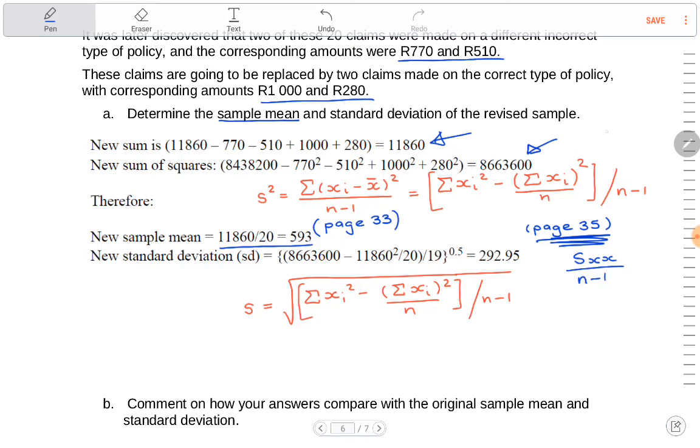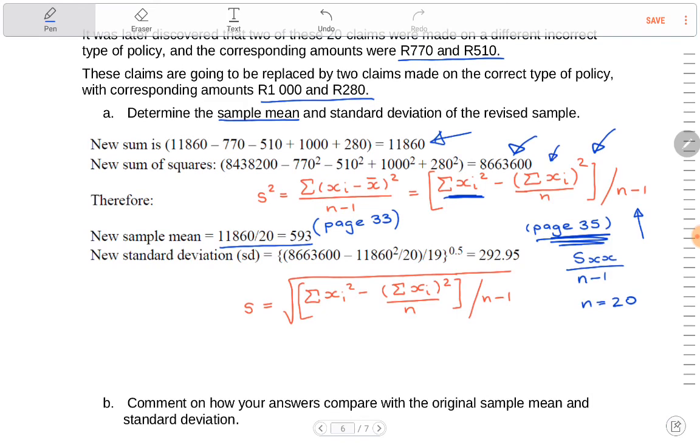So SXX is what I have in the numerator, and n minus 1 will be at the bottom. n is your sample size, which is just 20. SXX is taken by taking the sum of the xi squared, which we calculated over here, minus the sum of the xi's, which is here, divided by n. Notice the big bracket is outside of the whole thing, so you square the final answer only. You don't square each value.